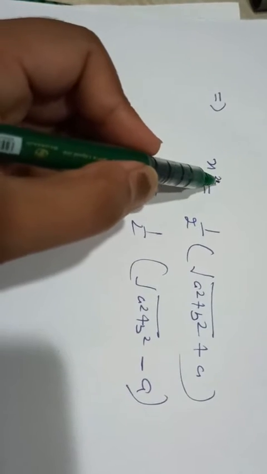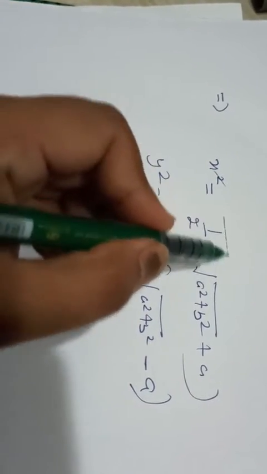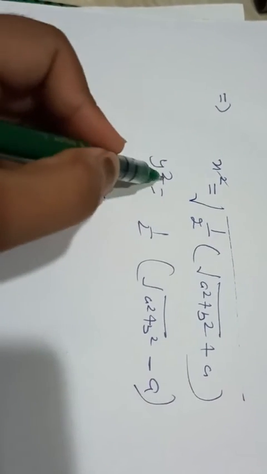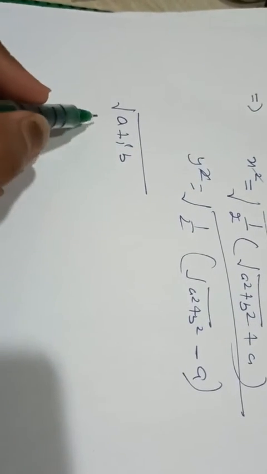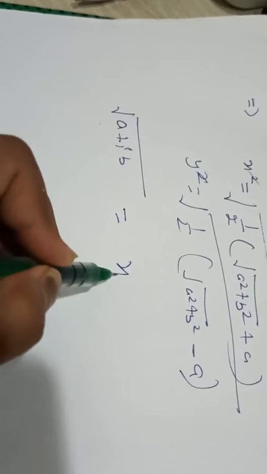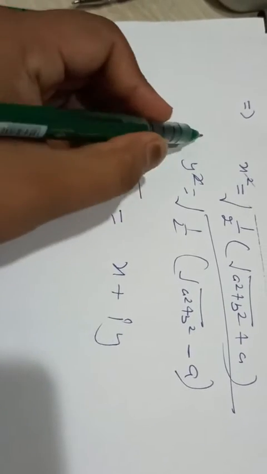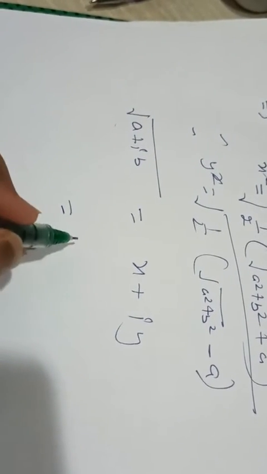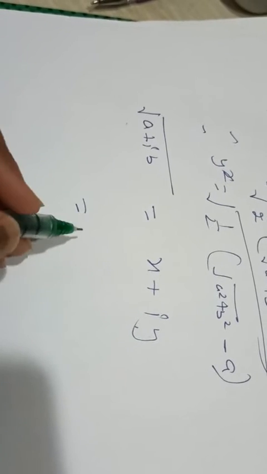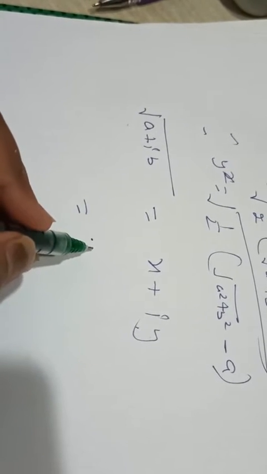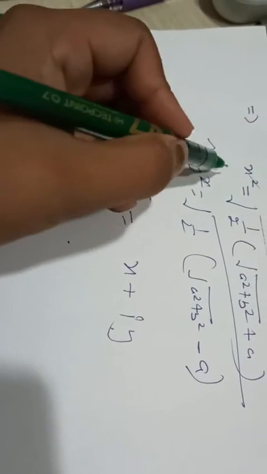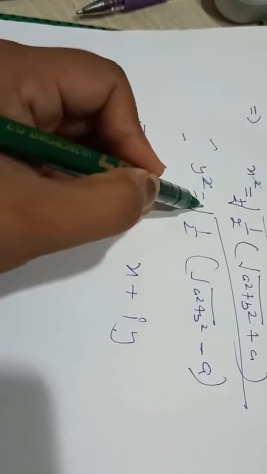So we can do one thing, we can remove the square and make it root. So the value of root of a plus iota b was x plus iota y, and we have found x and y. So put the value of x and y in this equation to get the result. When you remove square you get plus minus over here, plus minus over here.